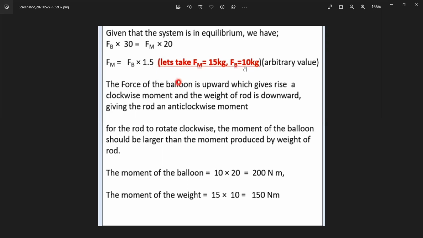Now we apply these masses. The moment produced by the balloon at 20 centimeter is 200 Newton meter, and the moment of the weight hanging at 10 centimeter is 150 Newton meter. So you can see the anti-clockwise moment is lesser than the clockwise moment. So option B is the right option.